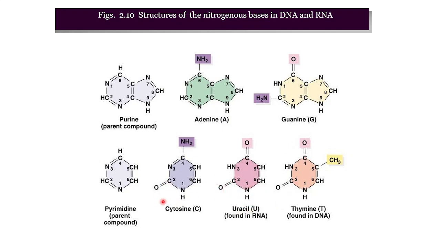All these 3 structures have a carbonyl group in position number 2, and for cytosine there is an NH2 group at position 4. For uracil you have another carbonyl group at position 4, and for thymine you have a carbonyl group at position 4, as well as a methyl group at position 5.